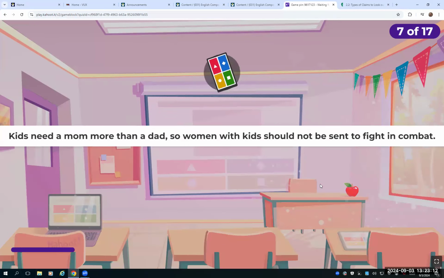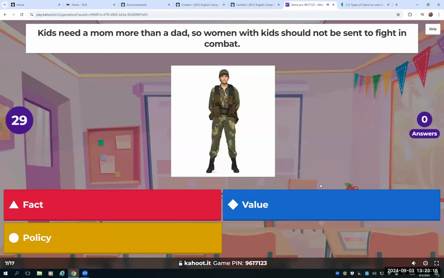All right, let's move on. Okay, next question. Kids need a mom more than a dad, so women with kids should not be sent to fight in combat. Is that a claim of fact, a claim of value, or policy? Women with kids should not be sent to fight in combat.